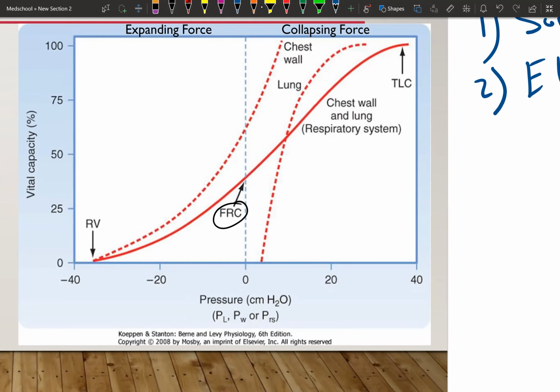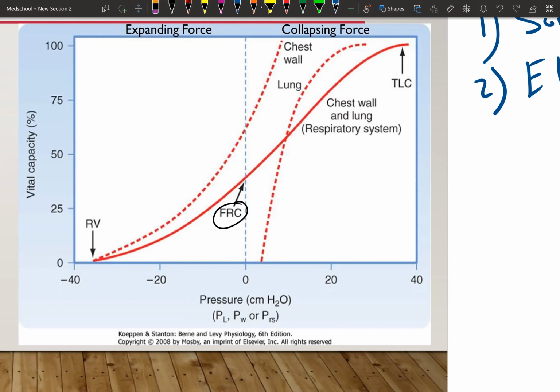When we inhale, we use muscles when we're breathing normally. And when we exhale, we relax those inspiratory muscles and we go back to FRC, because that's where the inward recoil of the lung is equal and opposite to the outward recoil of the chest wall.